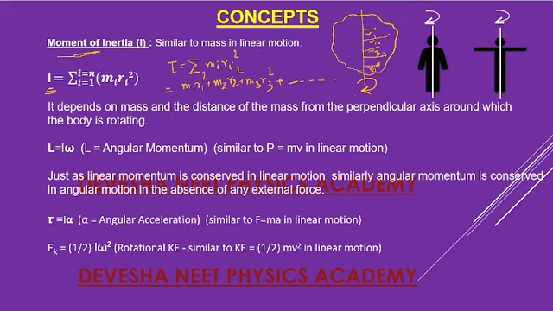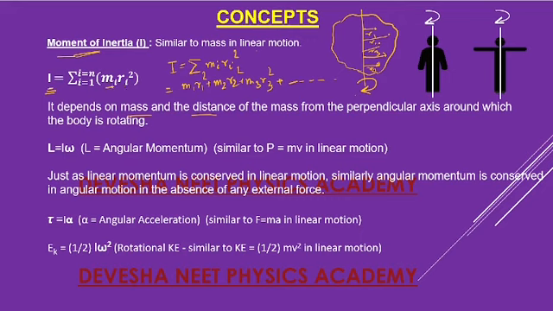Moment of inertia, just like we had mass in linear motion, represents the resistance of an object to the change in its rotational motion. It depends on the mass and the distance of the mass.